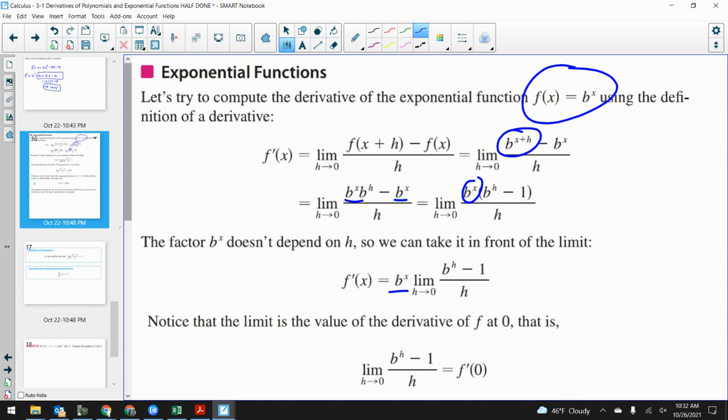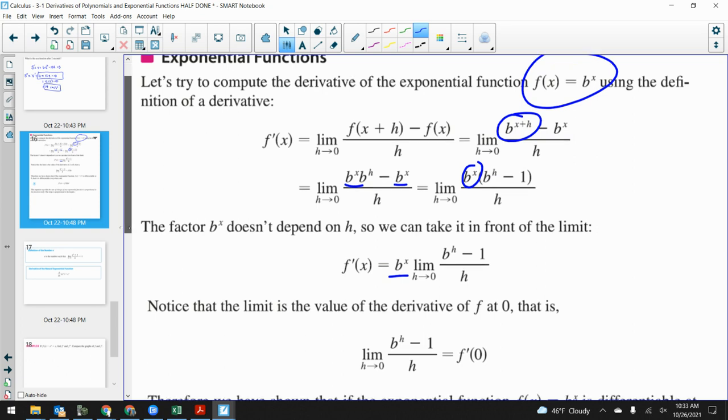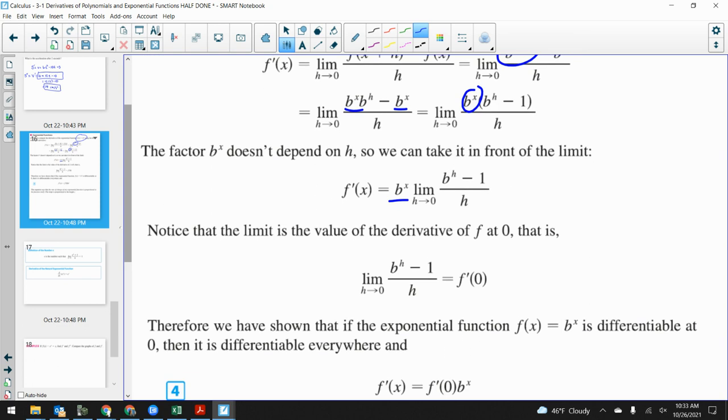Okay? If I plug in 0 as my variable here, my x, what is b to the 0 power? 1. B to the 0 is 1.